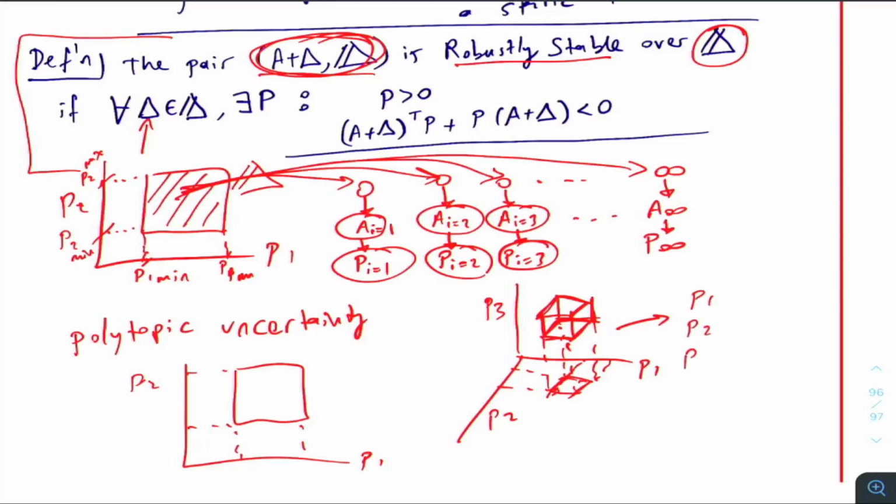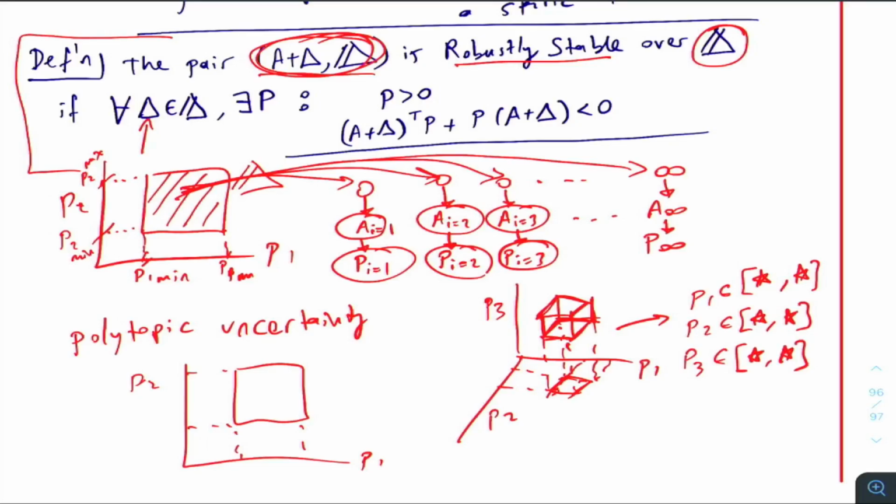We have some P1 minimum and P1 maximum, and P2 minimum and P2 maximum, and P3 minimum and P3 maximum. This is like the general idea, right?